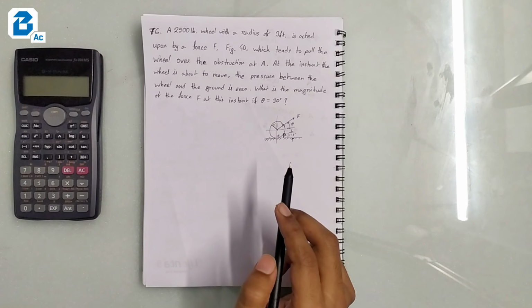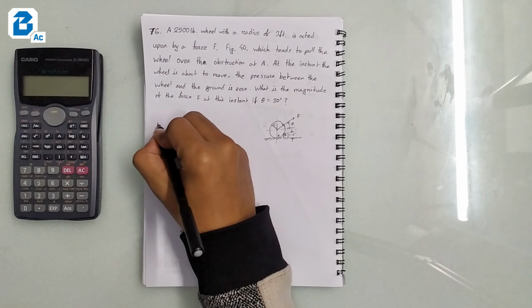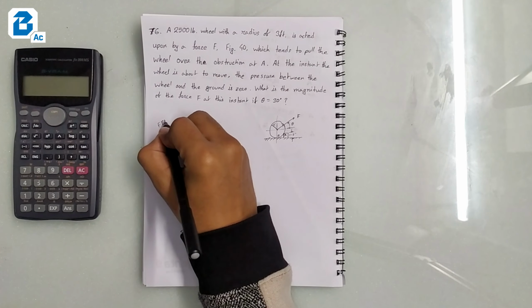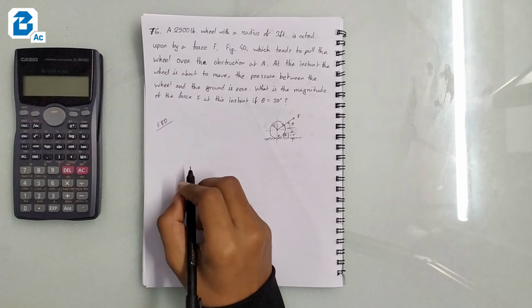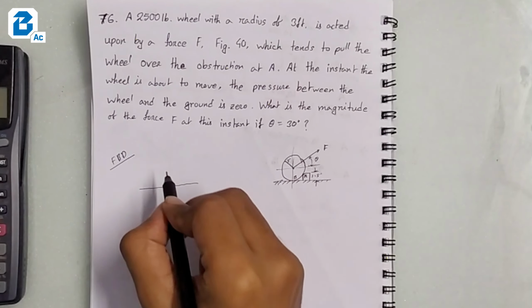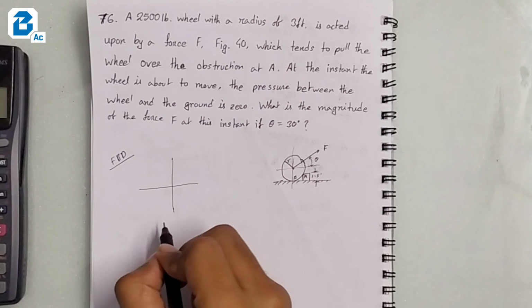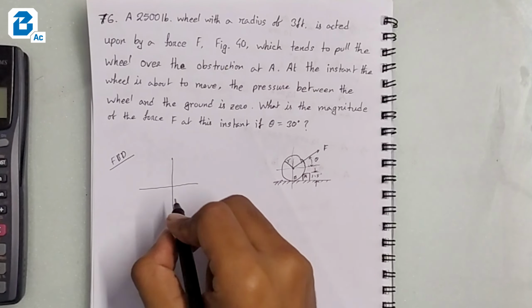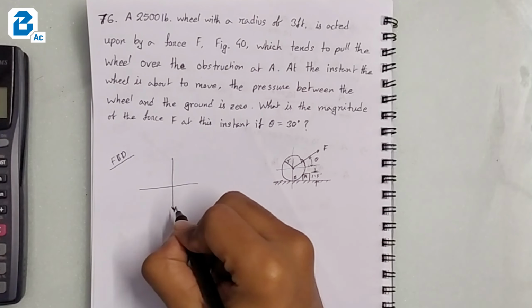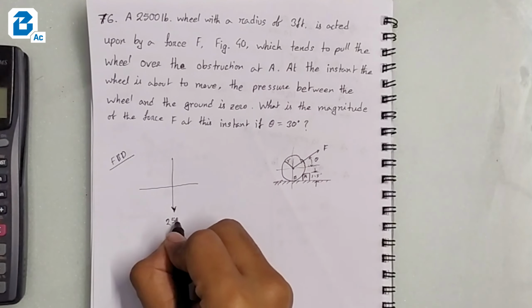So let's draw a free body diagram for the wheel. FBD, the short form of free body diagram. Then let's draw the major axis X and Y. Here the weight of the wheel is pulling it downward, and which is 2500 pound.